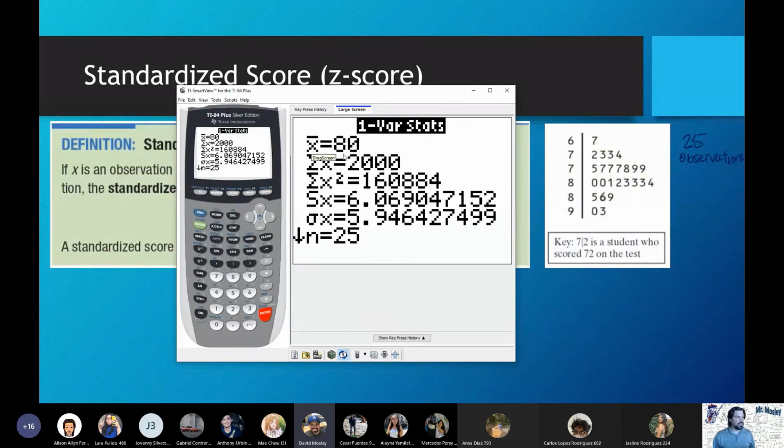We have a mean of 80 and a standard deviation of, call it, 6.07 as a rounding. Looking at the very first entry, the x-bar, that's our mean. The Sx is the standard deviation of the sample, which is 6.07, give or take.